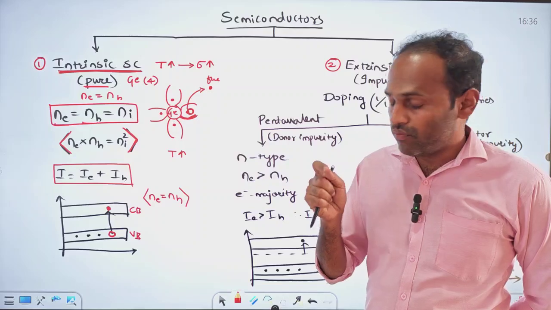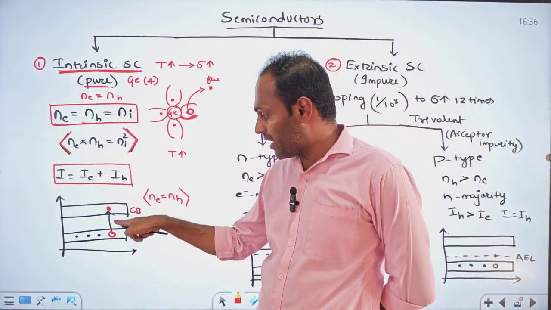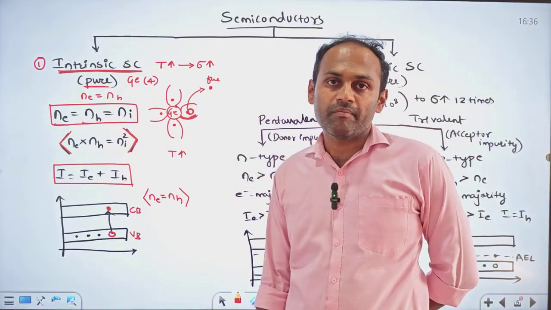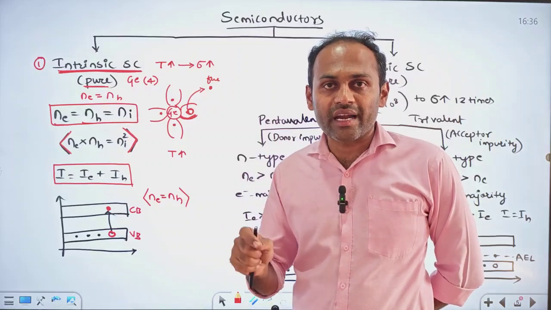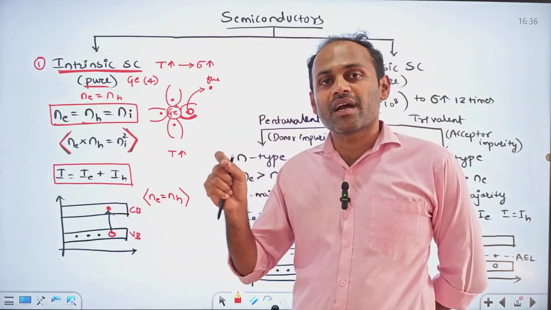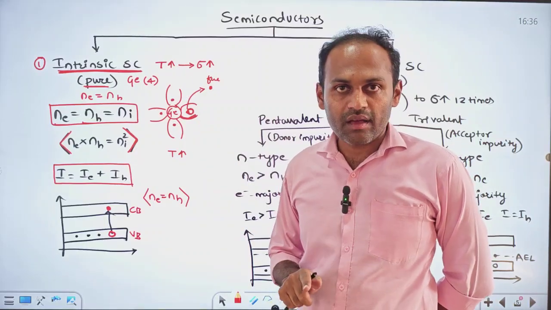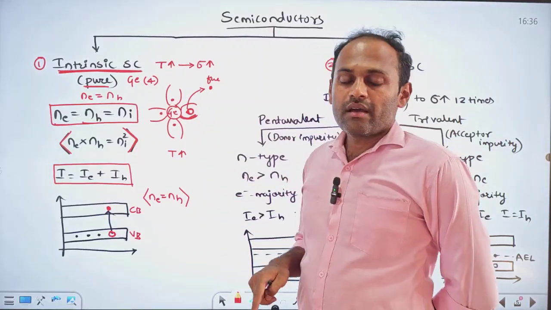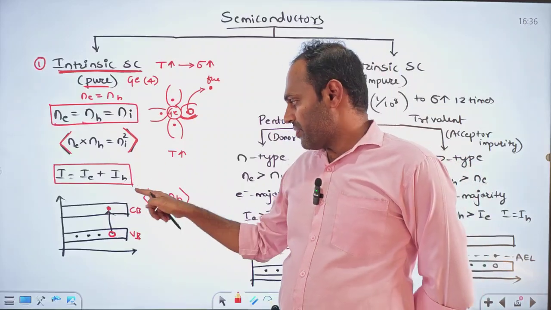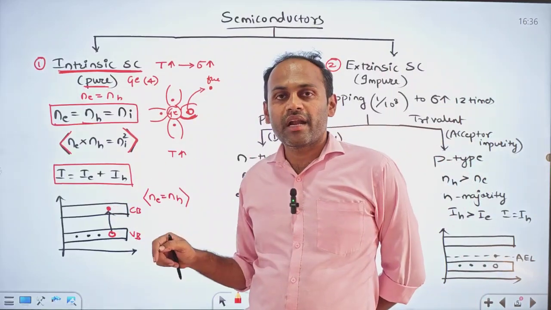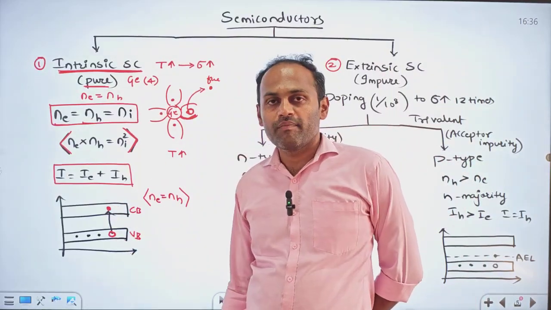Without creating a hole in the valence band, you will not get an electron in the conduction band. Without a hole being created in the valence band, the electron will not come into the conduction band. And without getting an electron in the conduction band, you cannot create a hole in the valence band.